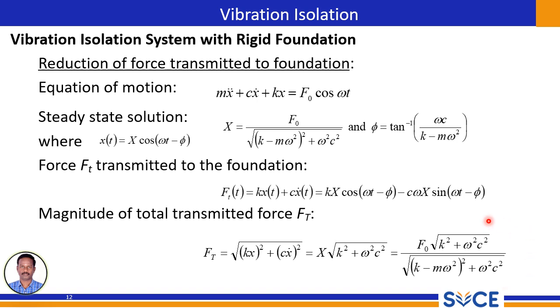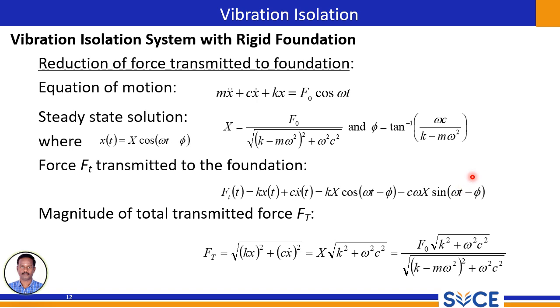This final equation is crucial because it shows how the magnitude of the transmitted force depends upon the system parameters like mass, stiffness, damping, and excitation frequency. By manipulating these parameters, we can minimize the transmitted force and achieve effective vibration isolation.